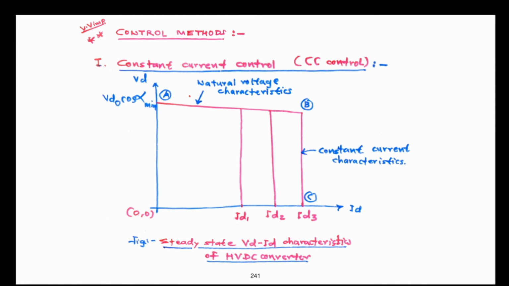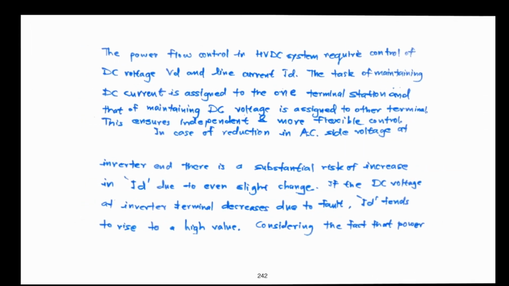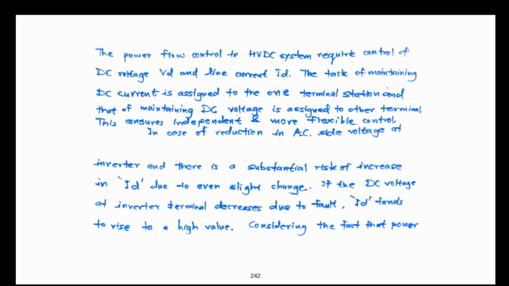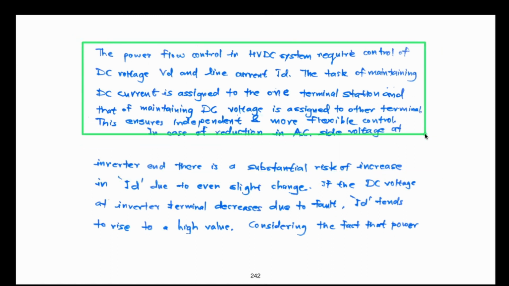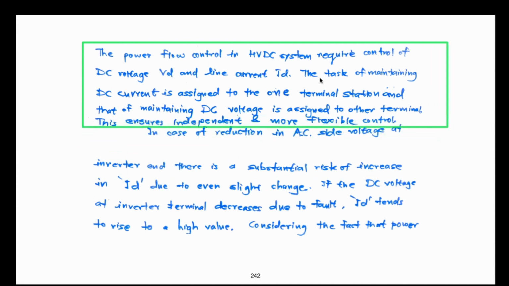Right. Let us move to the description. The same aspect has been explained here. Kindly focus your attention as I was telling earlier. The power flow control in HVDC system requires control of VD and ID, right?